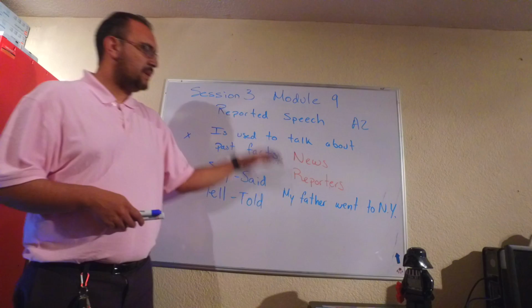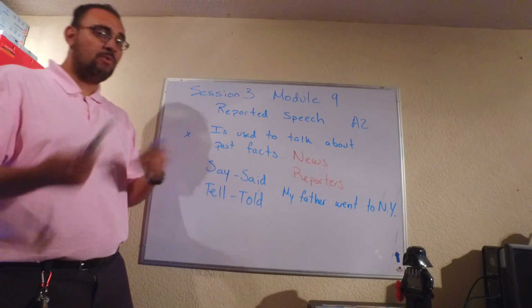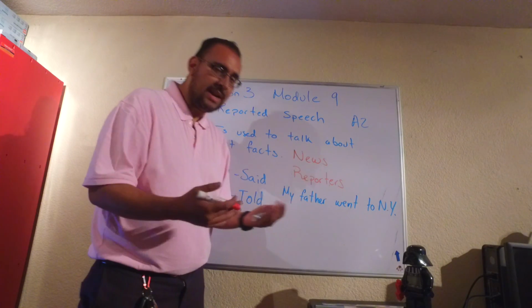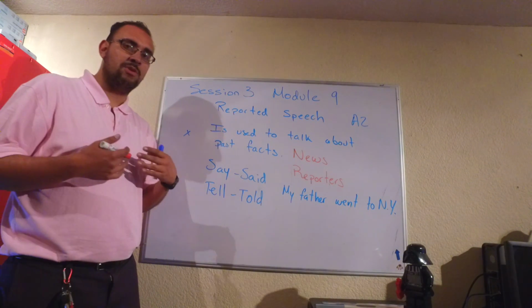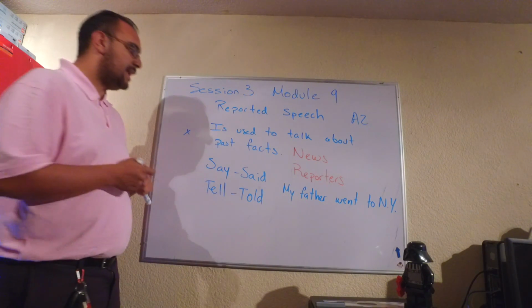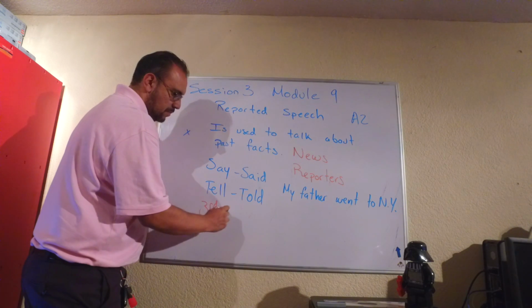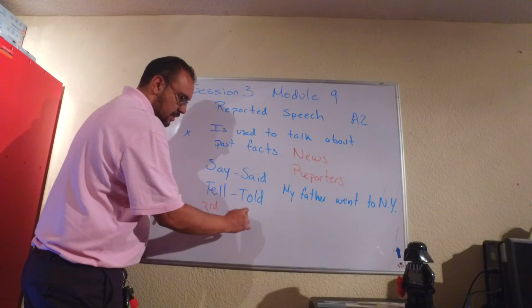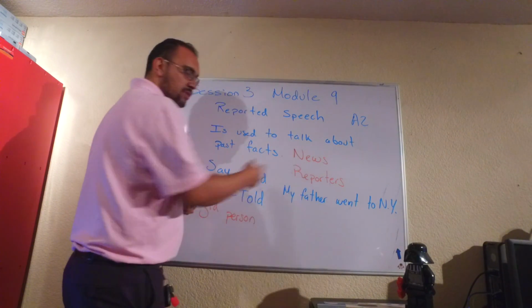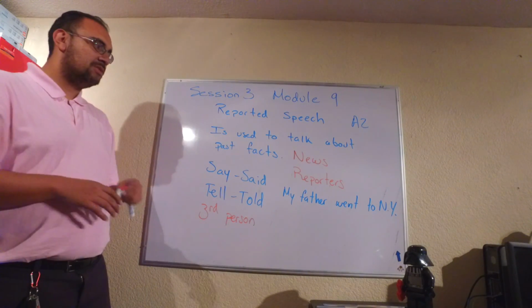In the reported speech, you are going to say what your father did or watched, or the general actions that he was performing in New York, and you're going to tell us. So reported speech is mainly also for third person. That's why it's the news of the reporters, because it's in the third person that you are going to say.